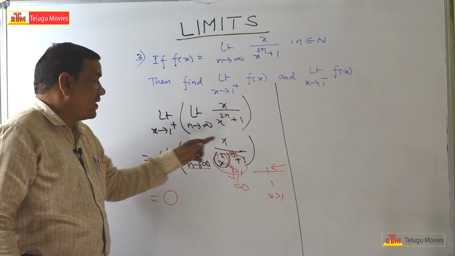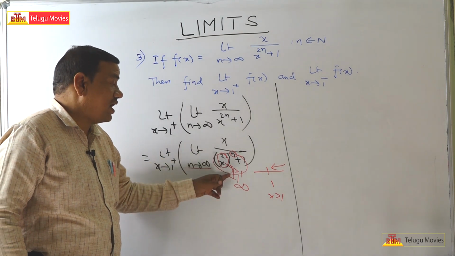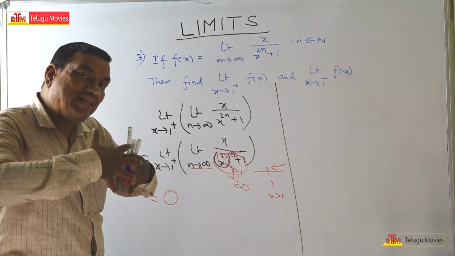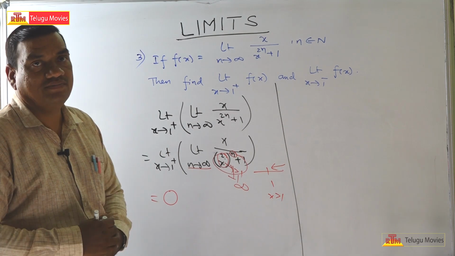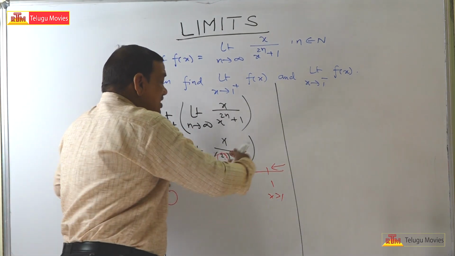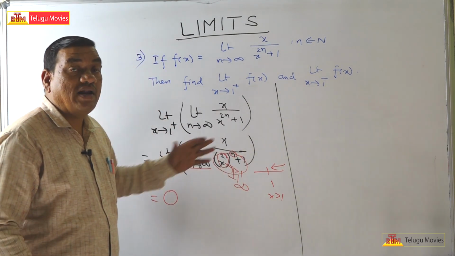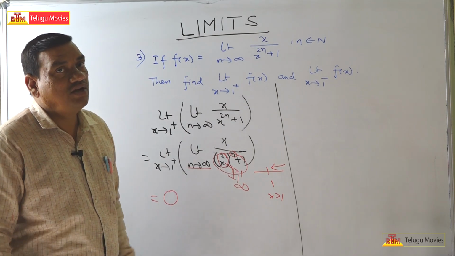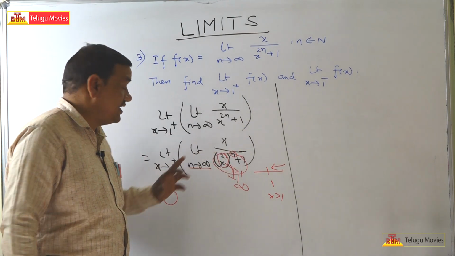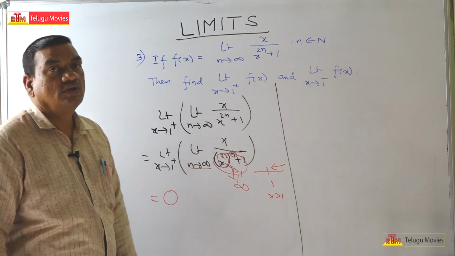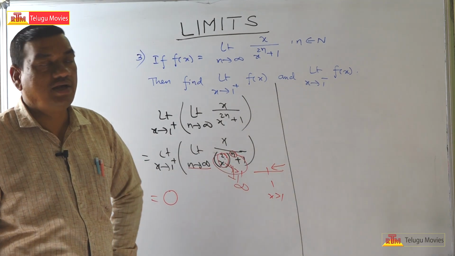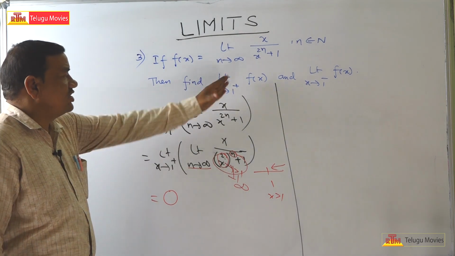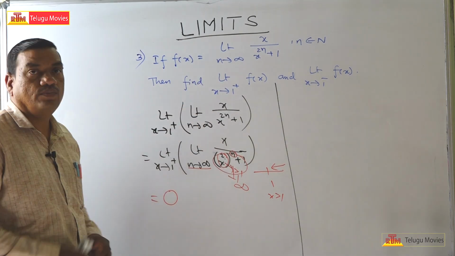X tends to 1 plus, here x is equal to 1, so 1 by, you are making the denominator infinity. You are increasing the denominator, therefore the total fraction tends to 0. Understand this problem? Okay, right. That means limit x tends to 1 plus is 0.